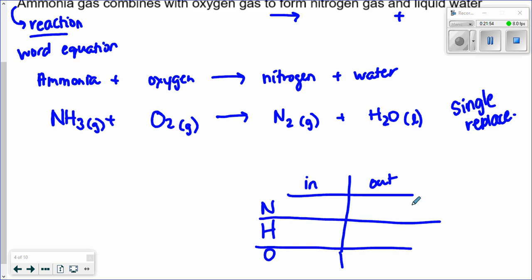Again, you definitely don't have room for all of this in that little space. You might be doing this on your own paper, or you might just write your final answer and pay attention. Right now we have 1 nitrogen in, 2 nitrogens out, 3 hydrogens in, 2 hydrogens out, 2 oxygens in and 1 oxygen out. So right now nothing's balanced.